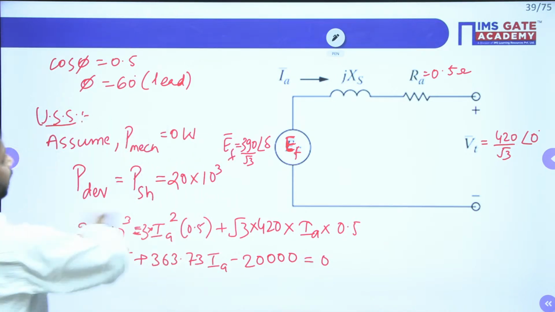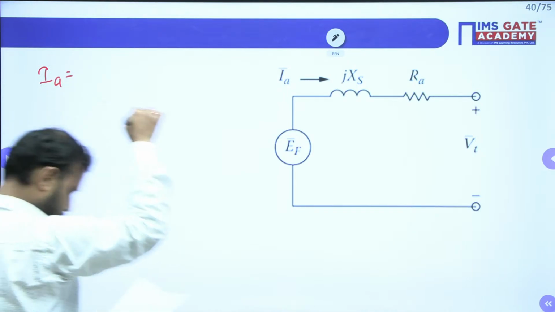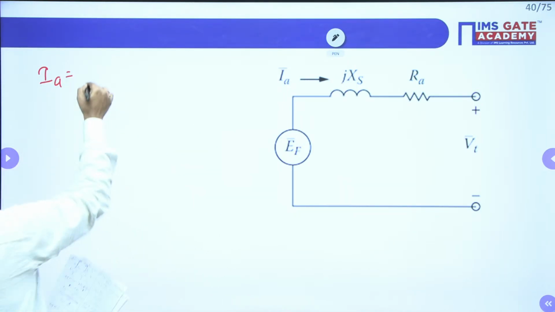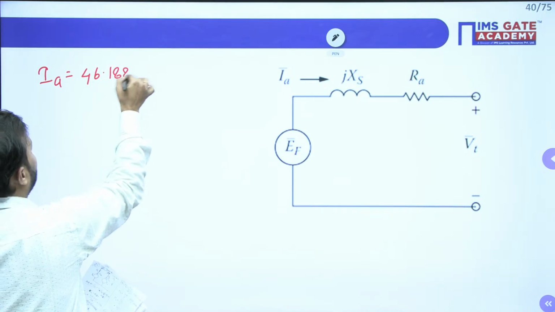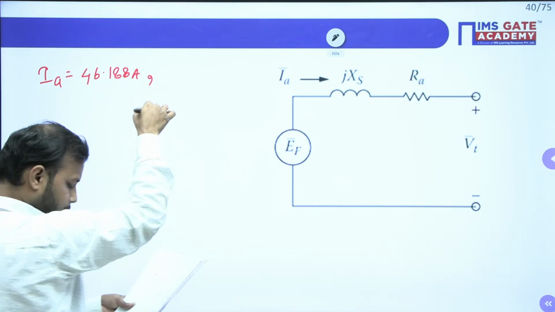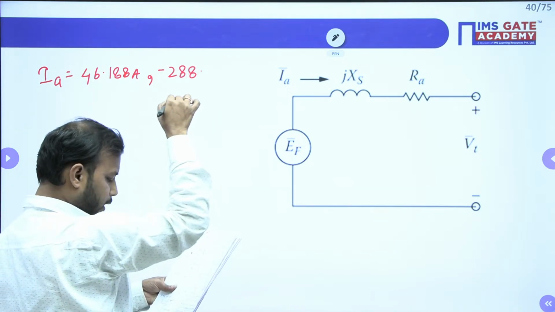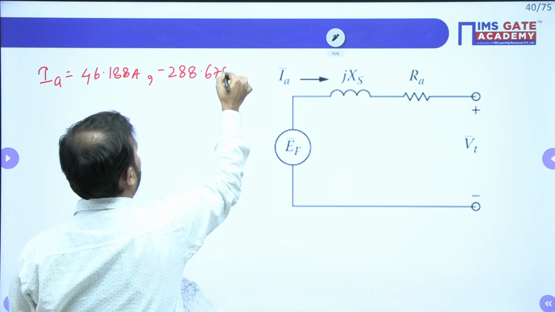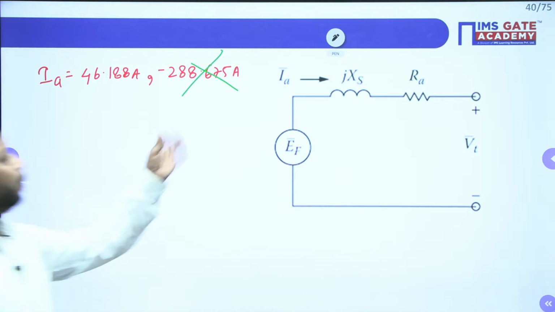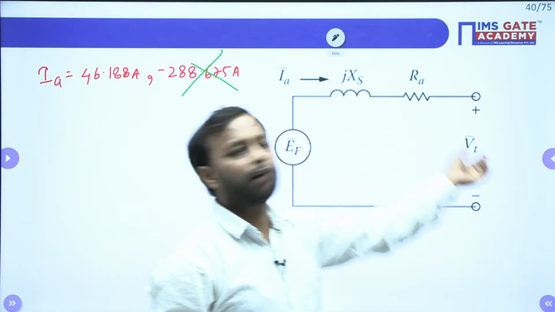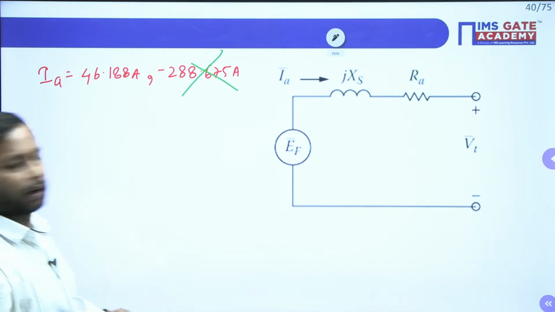Now when you solve this, you will get IA value as 46.188 ampere, and the other value is minus 288.675. But this value is not possible because the direction of current will be reversed. Then in that case, the generator will work as a motor. So this is not possible. So here IA we have calculated.